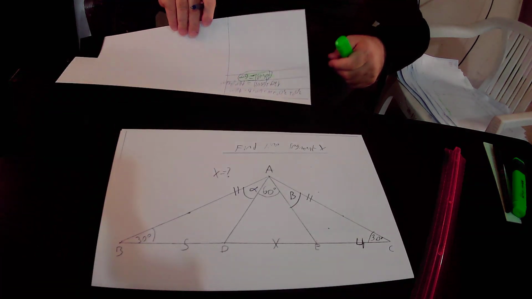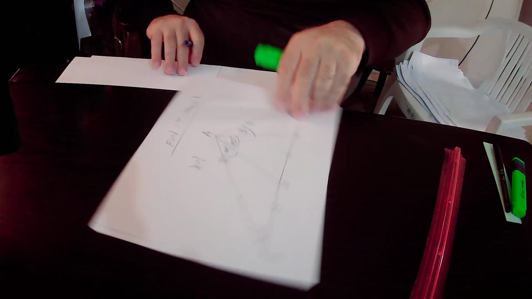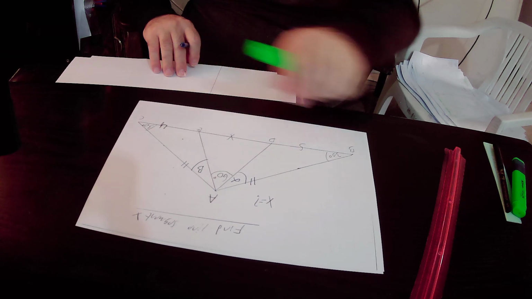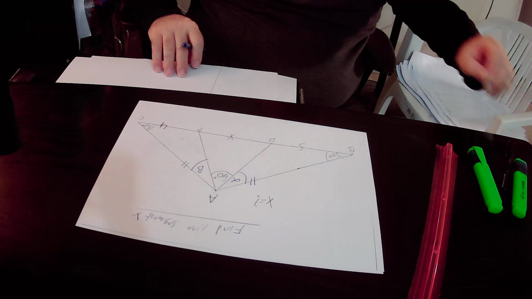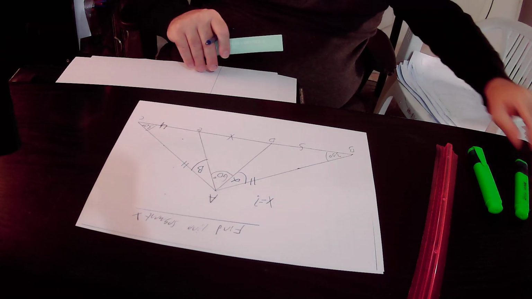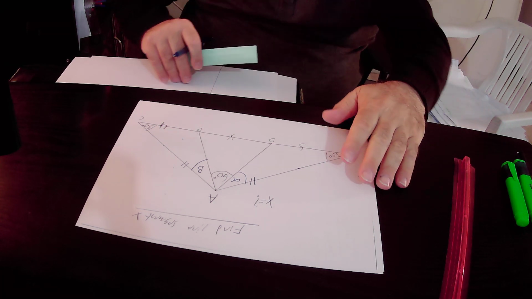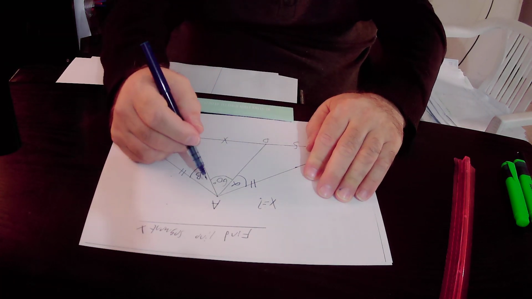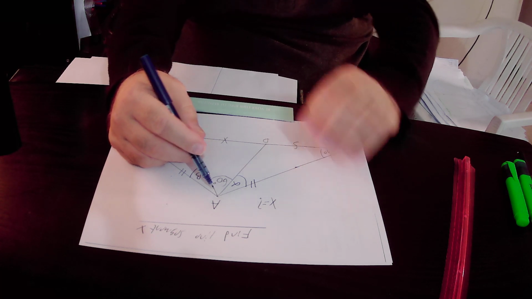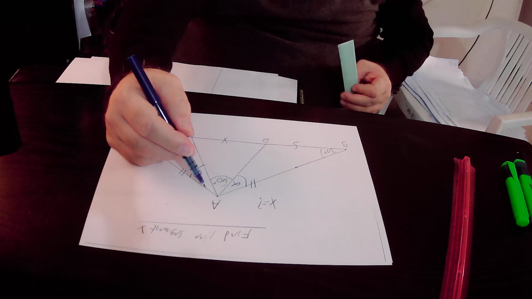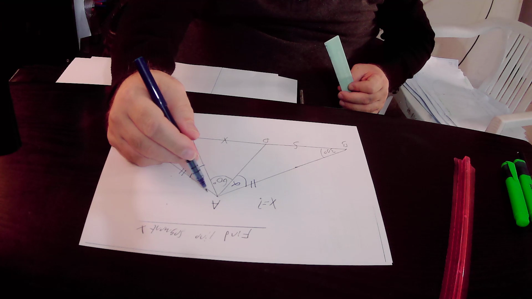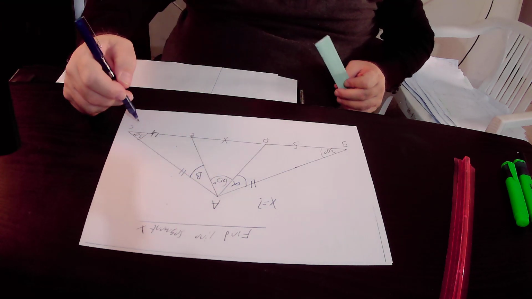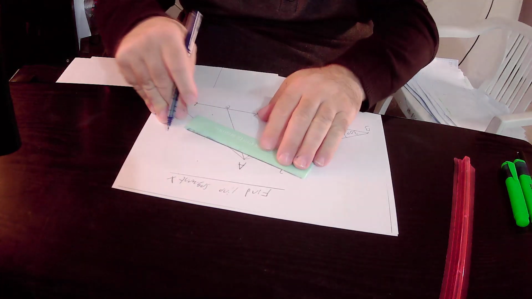In the next step, we will do two constructions. In the first construction, from point A, we will draw a straight line in such a way that the angle between the straight line and side AC will be equal to alpha.